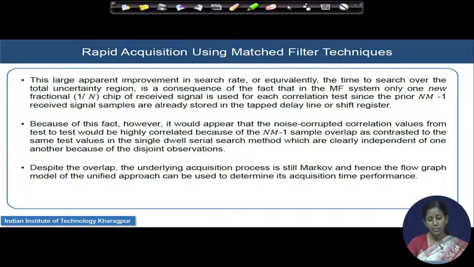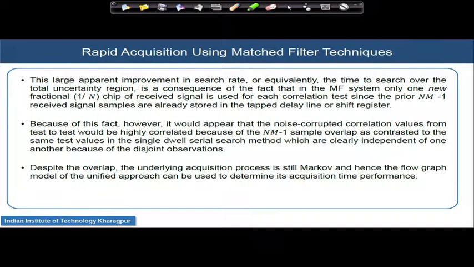So it may seem to anybody that we are searching at a rate of 1 by capital N chip intervals. At each moment, whenever a new bit enters the shift register, it is not changing all the remaining bits of the shift register. There was something already stored in the shift register, and every time you are entering only a new single bit.